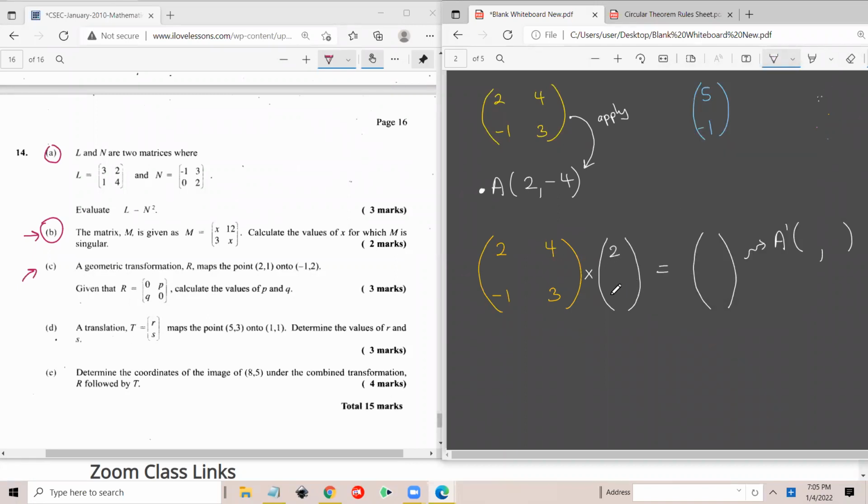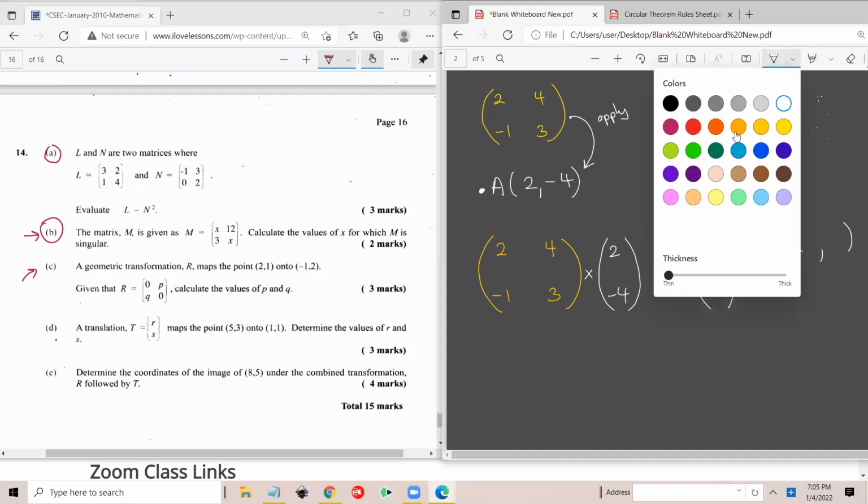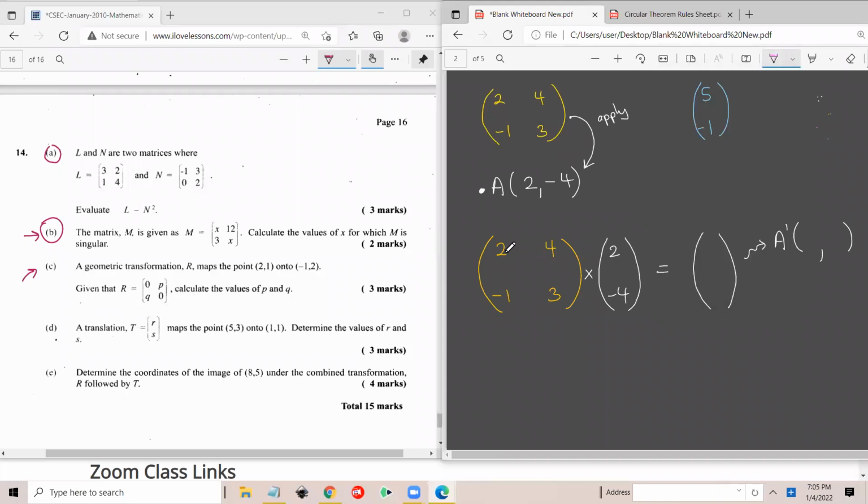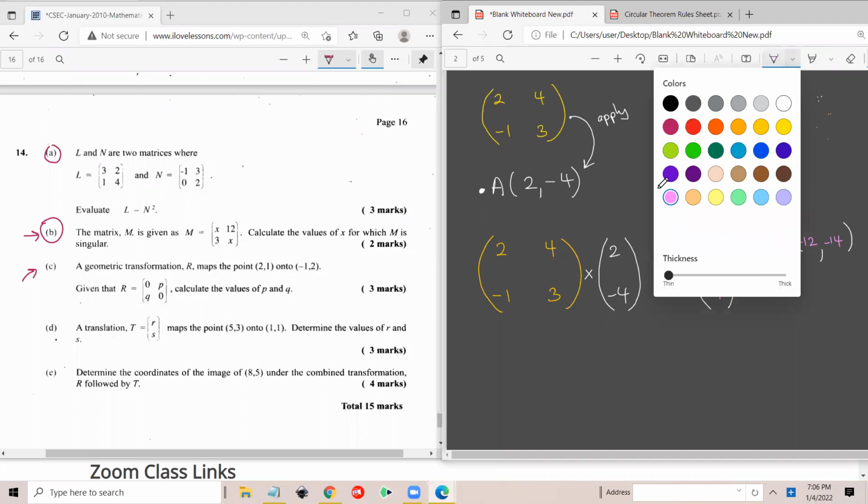A is 2, -4. So you get 2 by 2 is 4, so you get -12 here and -14. All right, so the point A dash is now -12, -14. And remember, this is point what? A.